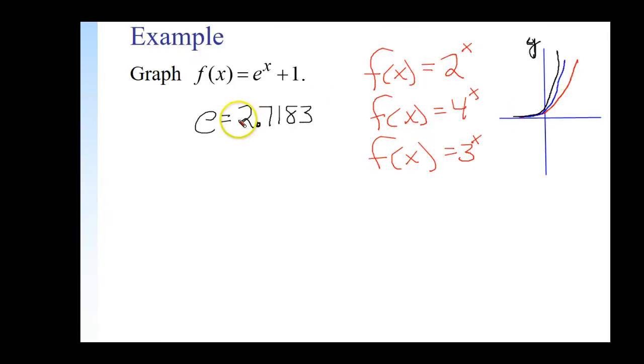So this one, when it goes through, is going to be a little higher. And we'll actually see it on the next slide. But we're also interested in seeing what happens when we add 1. And you may recall we said when it added 1, it shifted the graph up. So let's see what it looks like.